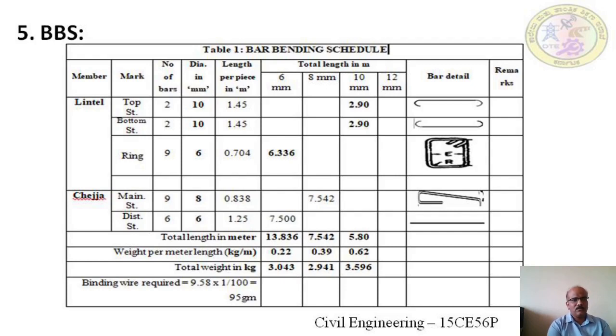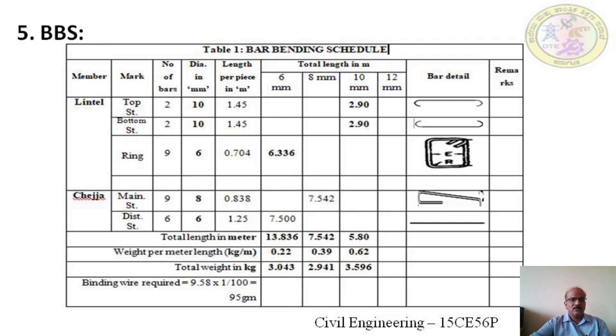That will give you the total length required for the top bars. In the same way, you need to multiply the number of bottom bars required and length of each bar. That is also 2 into 1.45 meter, that will be equal to 2.9 meter. That we have tabulated, we have written in the 10 mm diameter column. Okay. Then comes a ring or a stirrup, lintel stirrup.